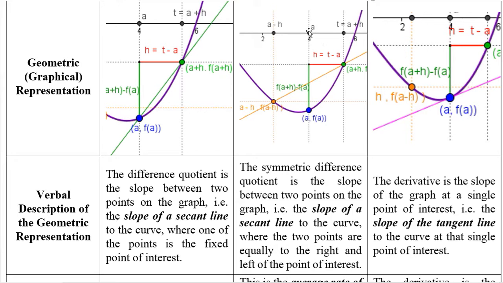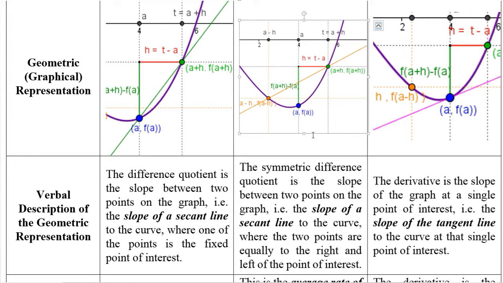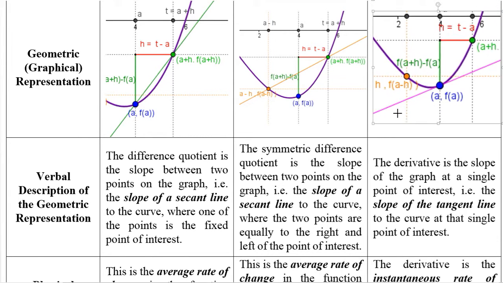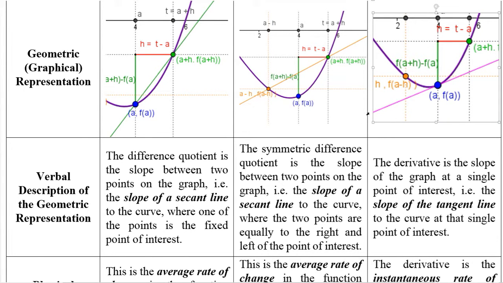Symmetric difference quotient is very similar, except we don't use the blue point of interest. What we do is we go to the left and to the right by h. So we go to the right h and again find this point a plus h, f of a plus h. But this time we're also going to go to the left by the same amount, to a minus h.